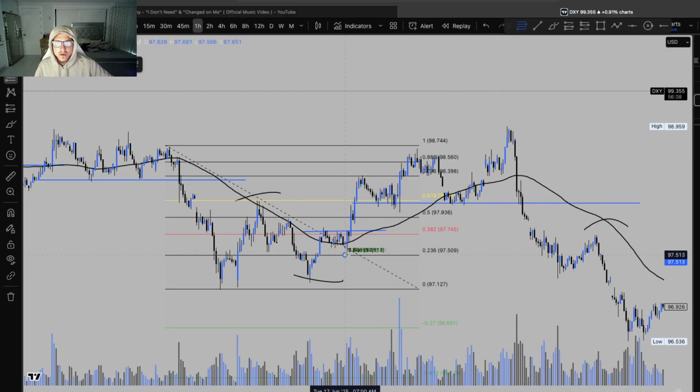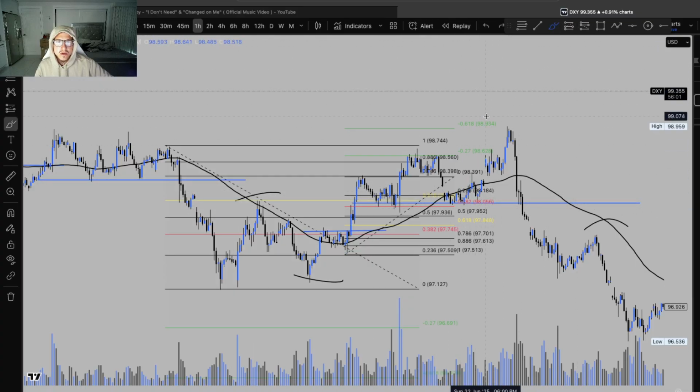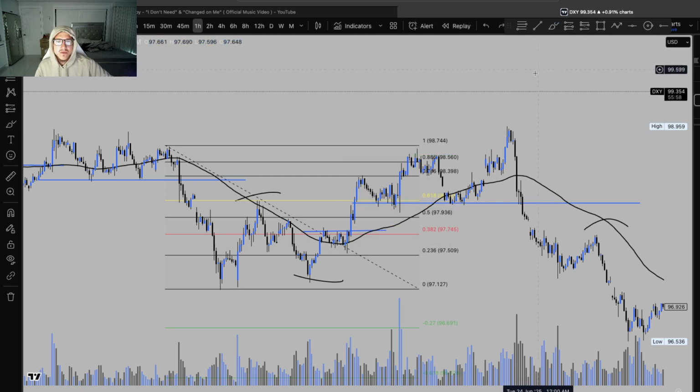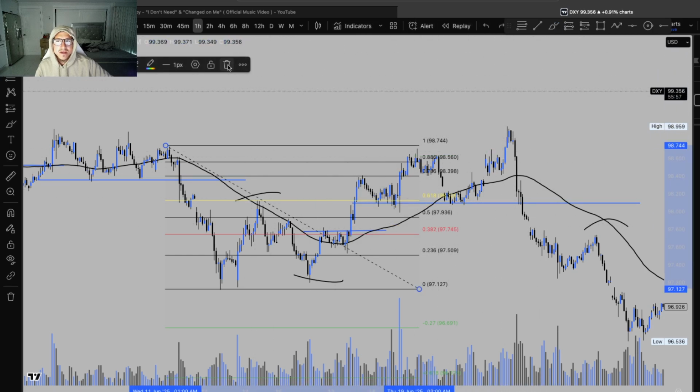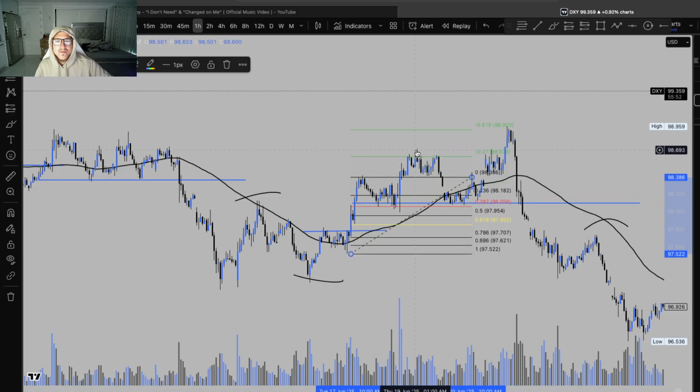Perfect. Let's mark the fibs. What did it mark? 38.2. What did it mark? 38.2. And where did it shoot past? Like, look, so you can see. Mark 38.2. Where to reach? 0.27.